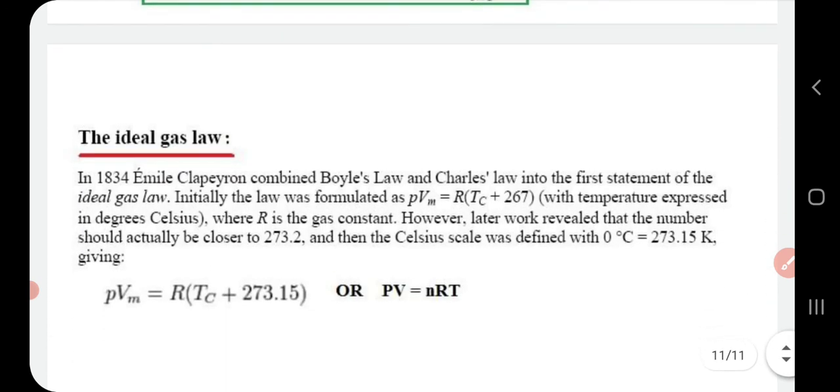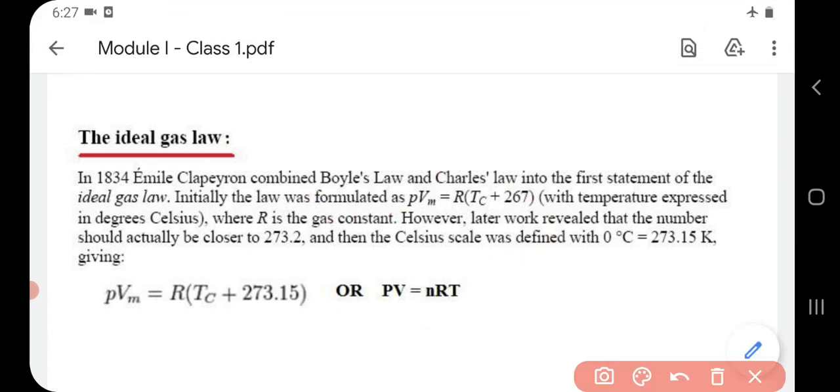Next is the ideal gas law, the last one. Boyle's law and Charles' law were combined into the first statement of the ideal gas law. Initially, it was formulated by this particular expression, where R is a gas constant.